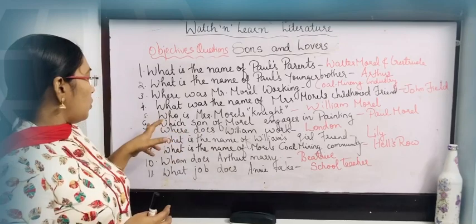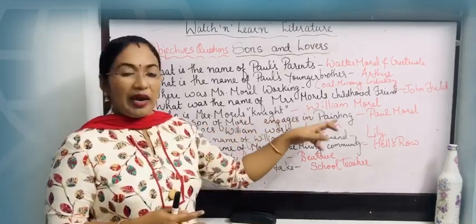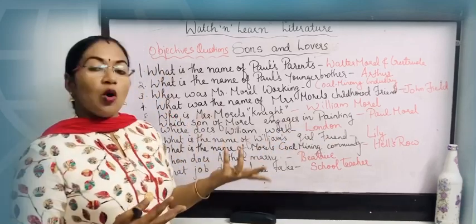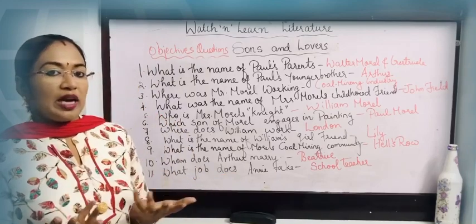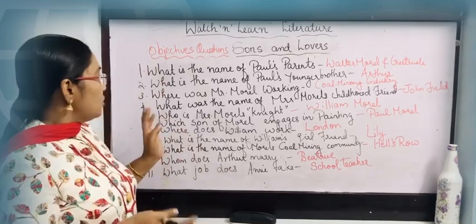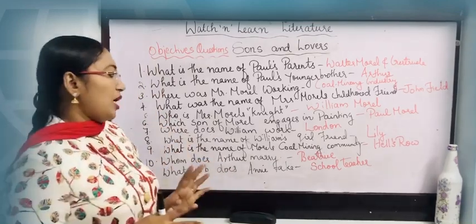And next question, which son of Morrell engages in painting? We have seen that Paul Morrell always engages in painting. He used to paint different flowers and different images of ladies. So here Paul Morrell is the person engaging in painting.